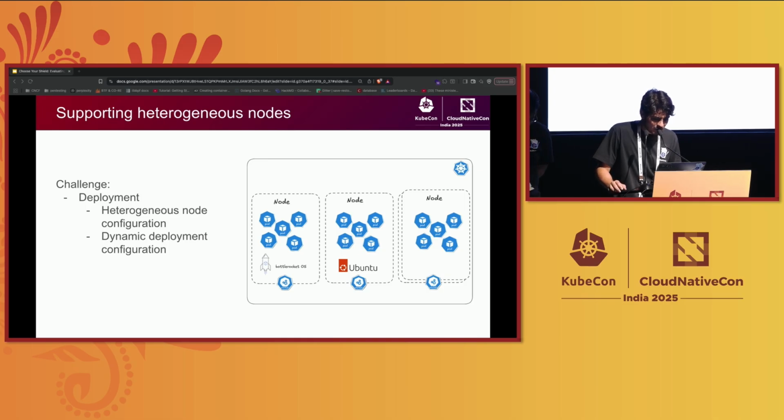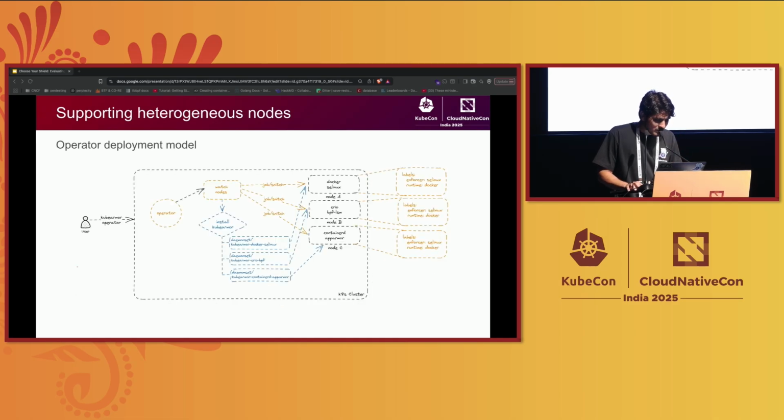You might have Ubuntu nodes to run GPU-heavy AI workloads because of their NVIDIA stack compatibility. You might have some nodes running on Bottlerocket from AWS, and each of these nodes will be different in terms of LSM configuration. So accordingly, they will require different daemon set configurations. It's not one daemon set configuration that fits all these different requirements, right?